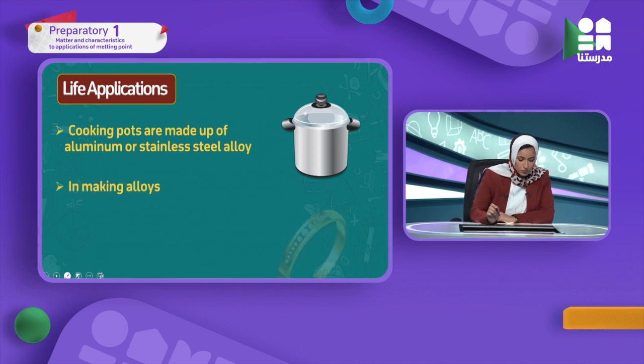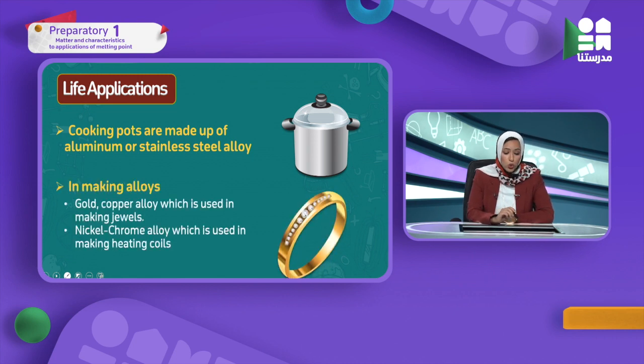We also use gold and copper in making jewelry. They are made out of gold and copper. Why? Because they both have high melting points, meaning they need very high temperatures in order to melt.